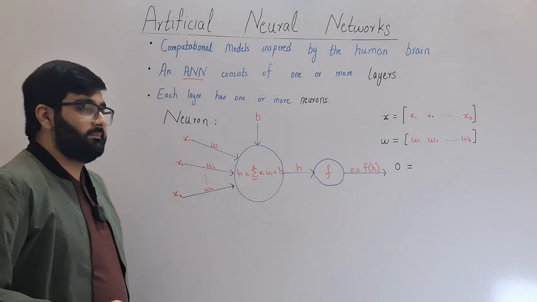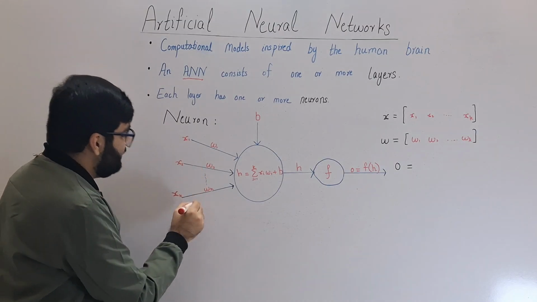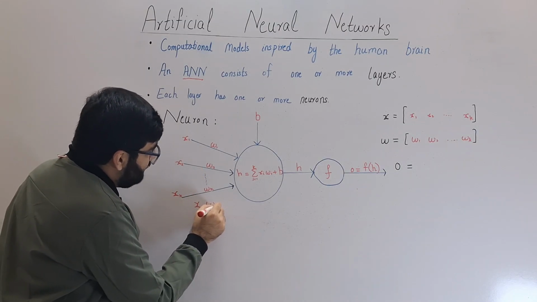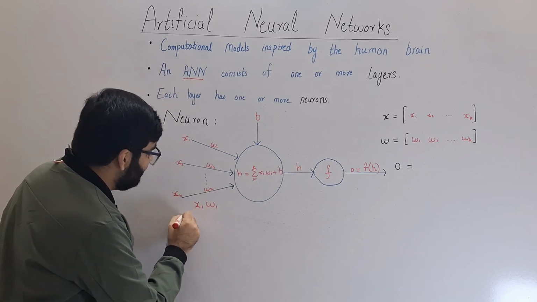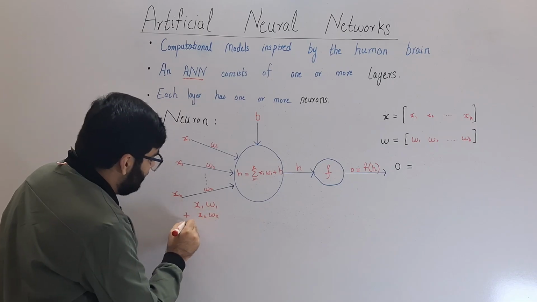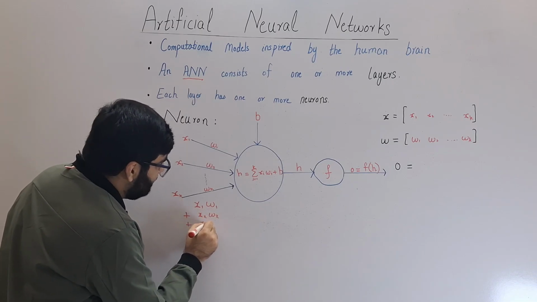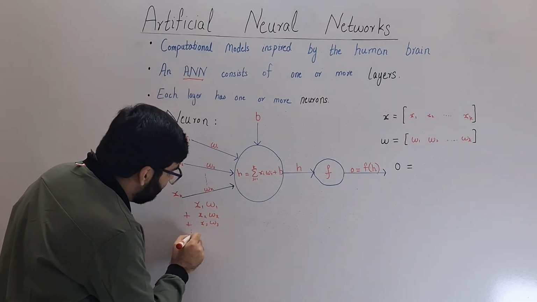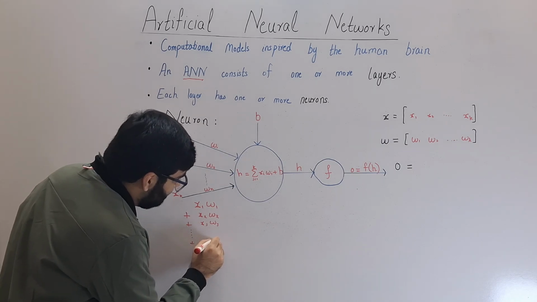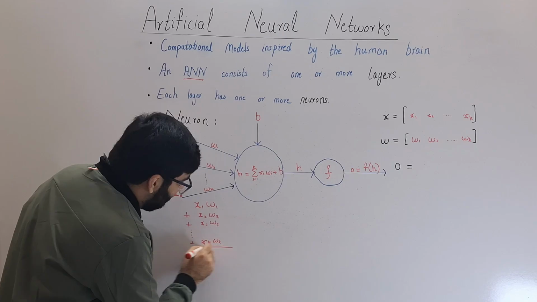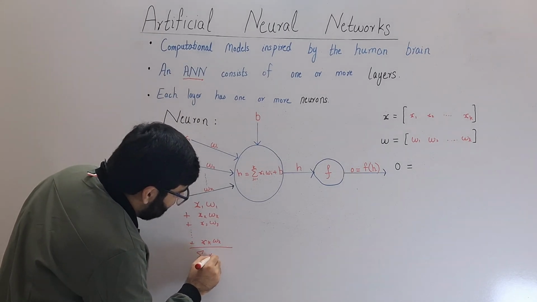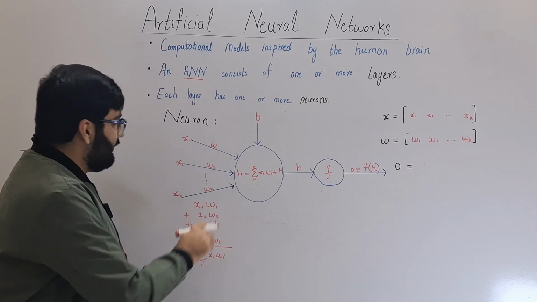What the neuron does is it multiplies each input by its corresponding weight. x1 is multiplied by w1 and then added to x2 multiplied by w2, which is added to x3 multiplied by w3, all up to k, where xk is multiplied with wk, and the sum is taken and can be written as the summation of xi wi.